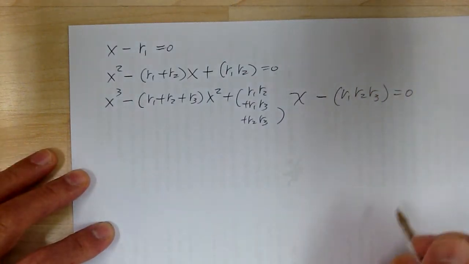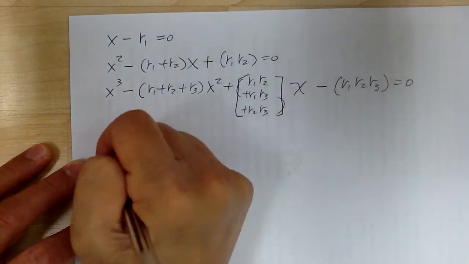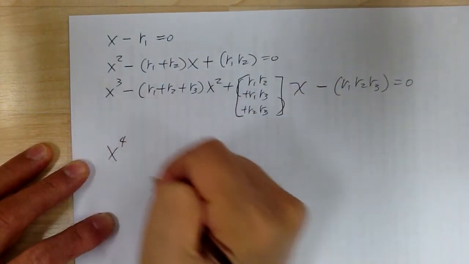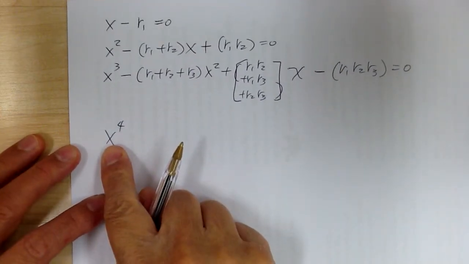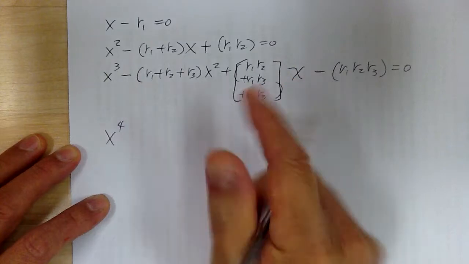Now for the fourth power, you very rarely get to the fourth power, but for the math team, in the math meet, you're going to see this probably quite often, okay?